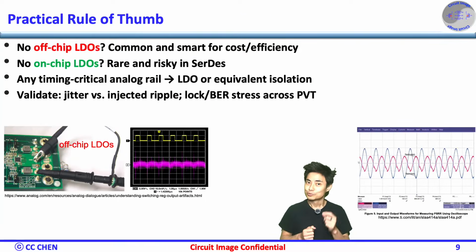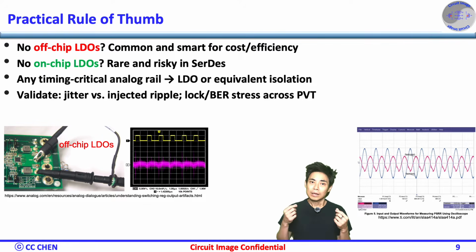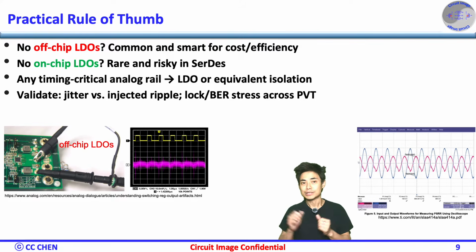This brings us to a simple practical rule of thumb. Getting rid of the on-chip LDO is common and a smart move for system cost and efficiency. But removing the on-chip LDO in a high-speed SerDes is rare and very risky.